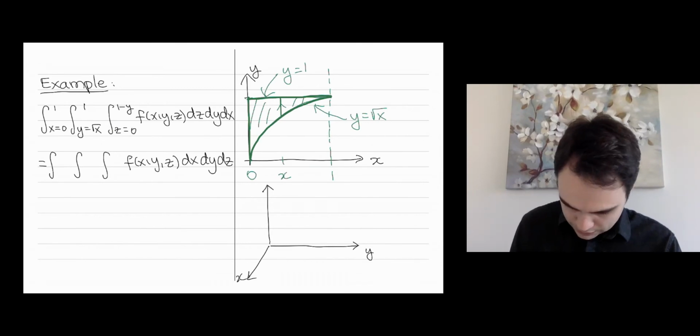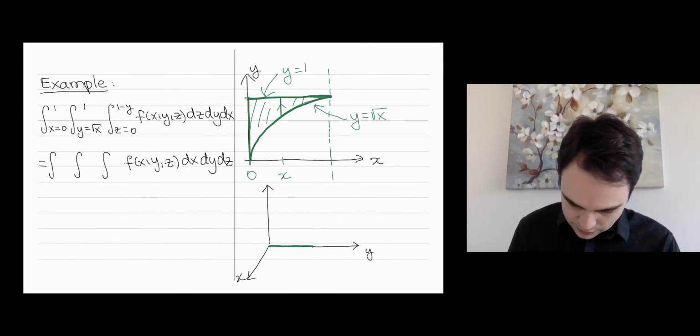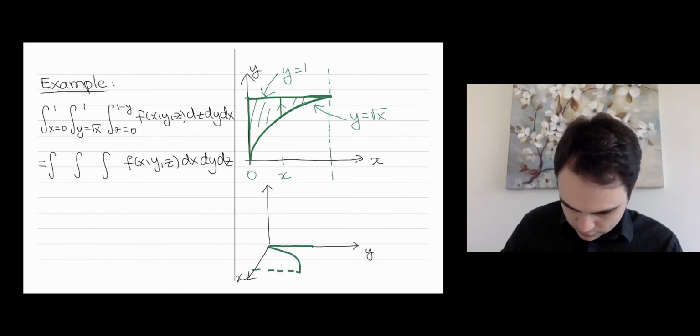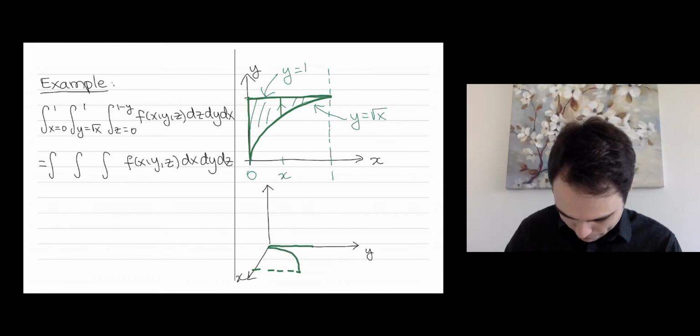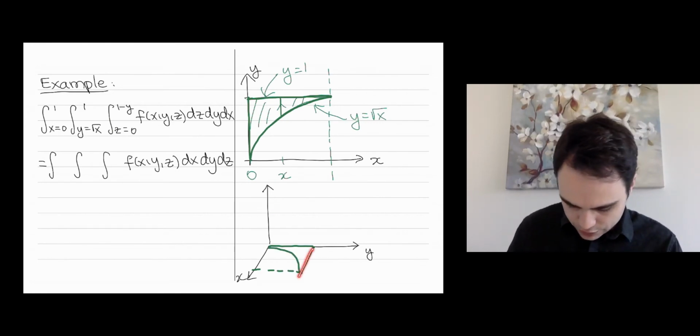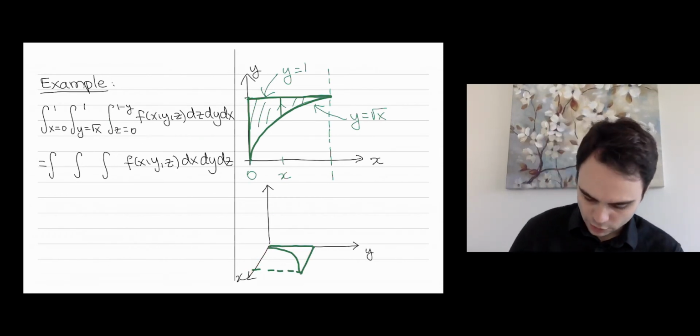So it has a side that goes with the y-axis like this, and it has another side that looks like this. And this last side over here is parallel to the x-axis. Okay, so the action happens above this projection.